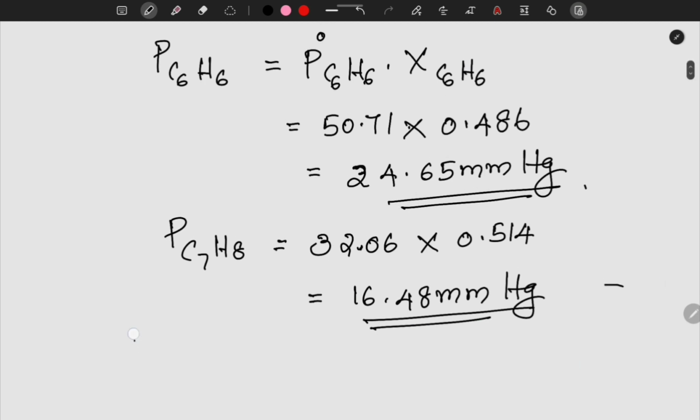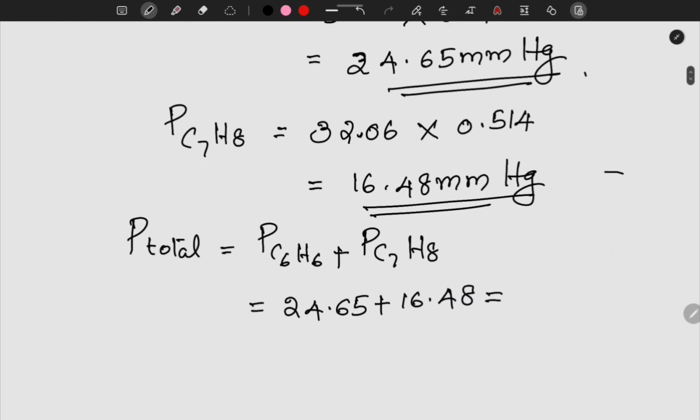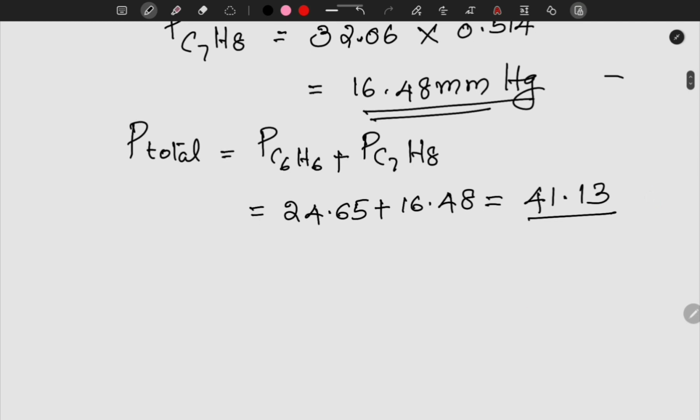So according to Dalton's law, we know total pressure is equal to sum of the pressures of the individual components. So let us add: 24.65 plus 16.48, that is equal to 41.13. Now we have the total pressure.